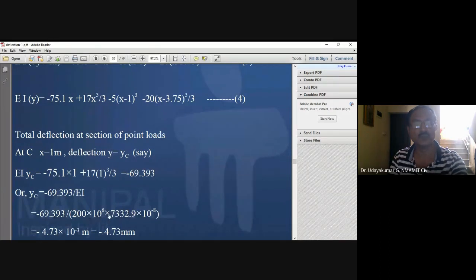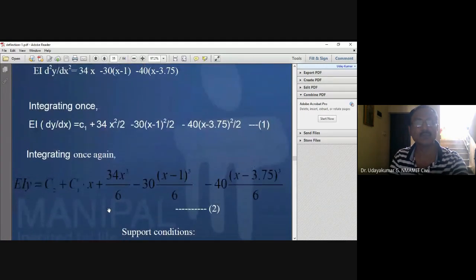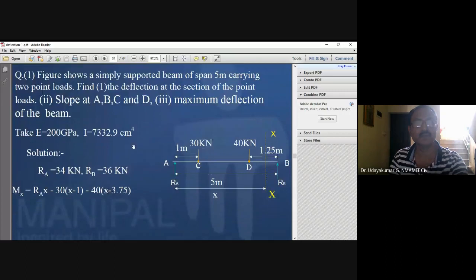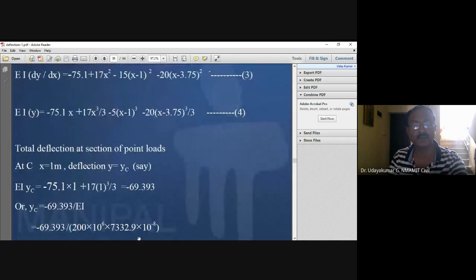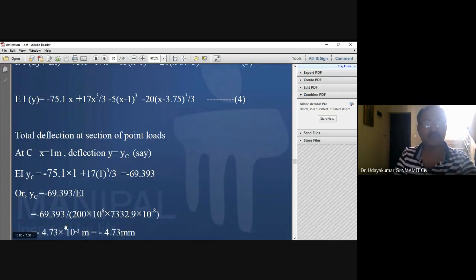So 200 into 10 cube into I. I is in meters to the power 4, so 10 raised to minus 4. This should be minus 4, and this should be 3, so that we will get in meter converted to millimeter.